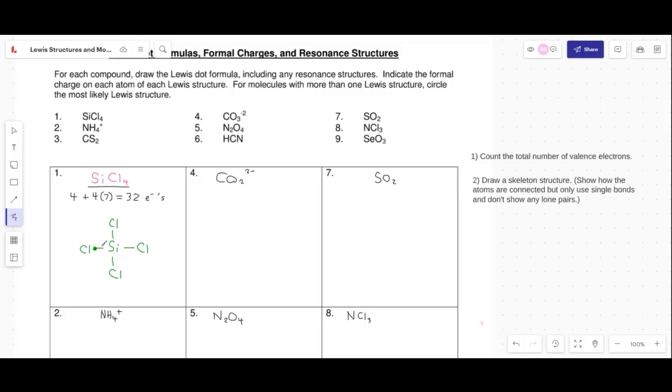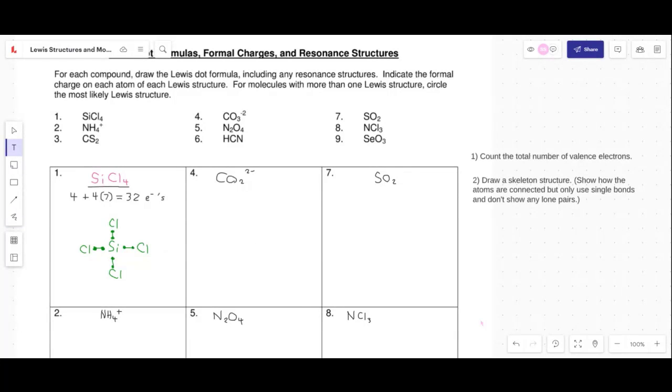So it's actually 2 electrons, and I'm only drawing these 2 dots for effect. You wouldn't necessarily have to draw these normally. But each one of these bonds is a shared pair of electrons, 2 electrons shared between the silicon and the chlorine. So this is my skeleton structure. It shows how the atoms are connected with single bonds.